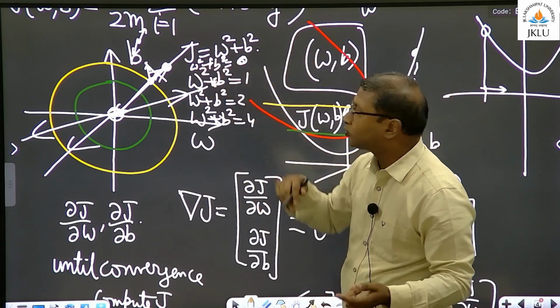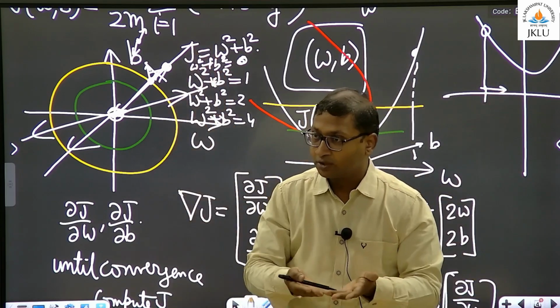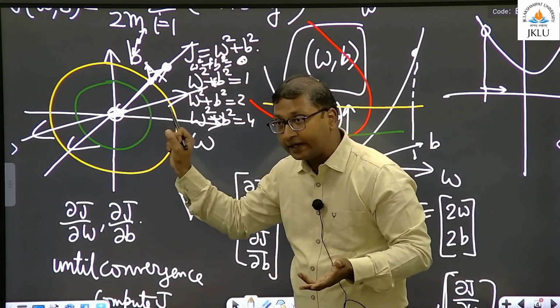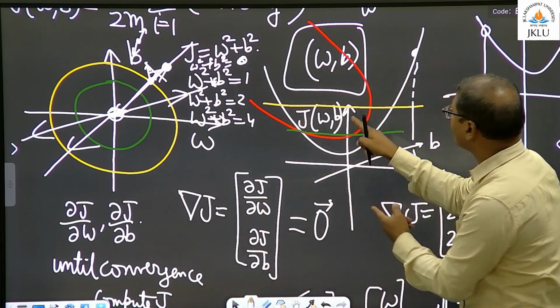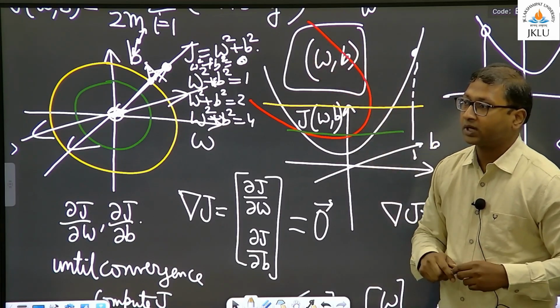If you take J equal to 2W square plus 2B square, bowl will change. So it depends on this function, but your plane WB does not change. I will still take values from this particular Cartesian coordinate.